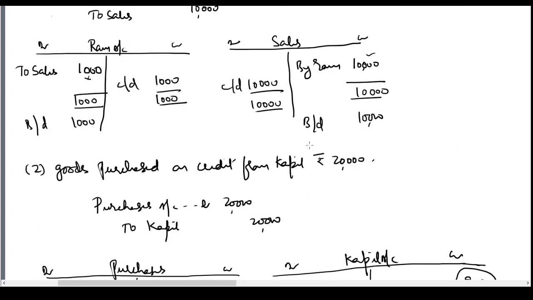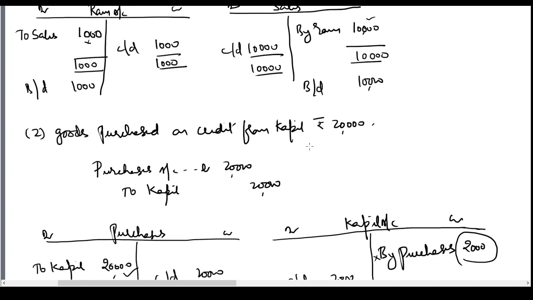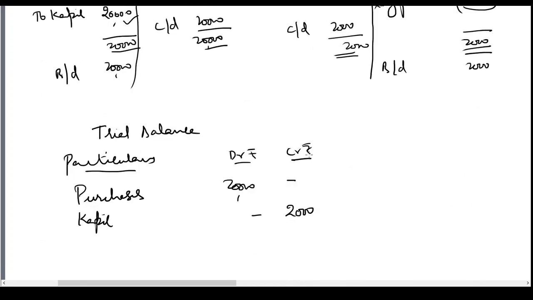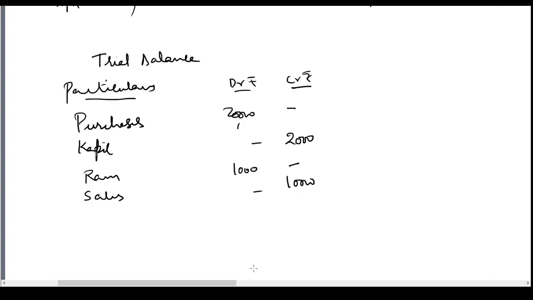Ram account is showing a debit balance of 1,000 and sales account is showing a credit balance of 10,000. Ram account 1,000. Sales account 10,000. Now I have all the balances here.